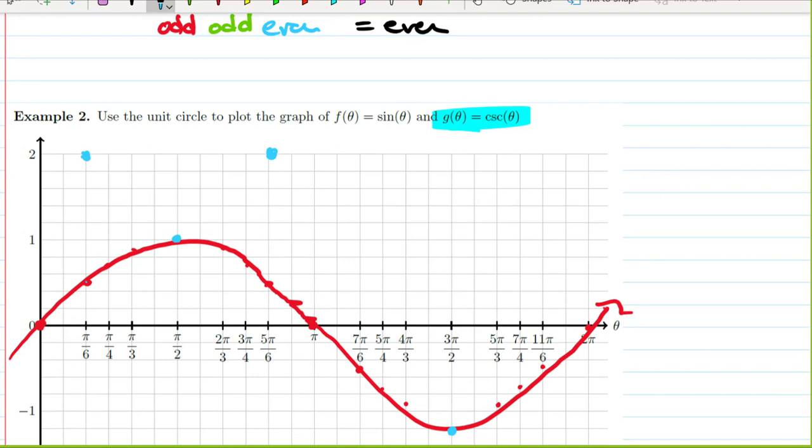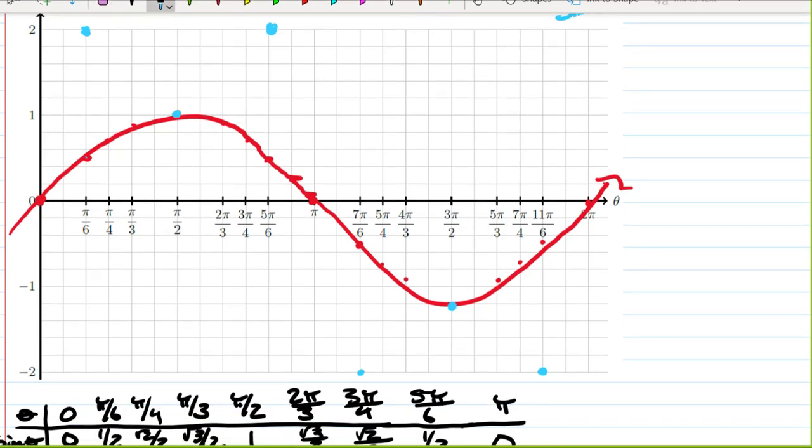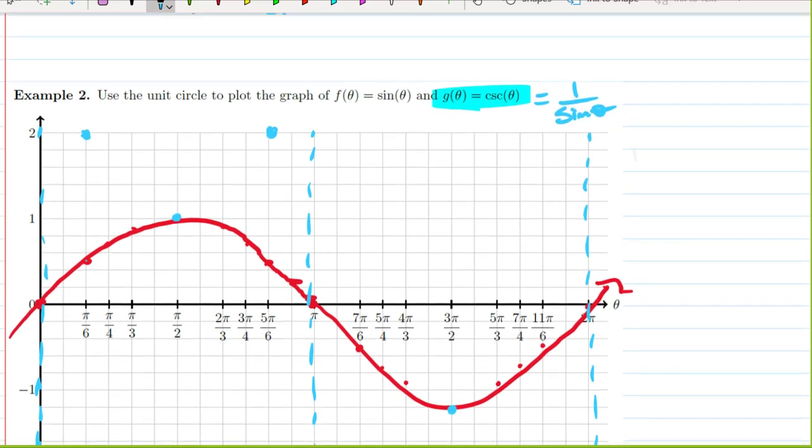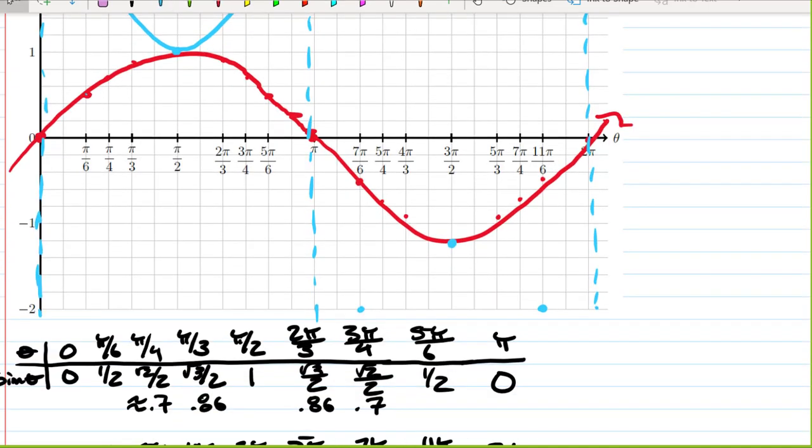But then the other thing we notice, if this is 1 over sine, anywhere sine equals 0 is going to be a vertical asymptote. So our graph has a vertical asymptote here at pi and at 2 pi. So our graph is going to look something like this, getting close to our asymptotes, and similarly it's going to do something like this.